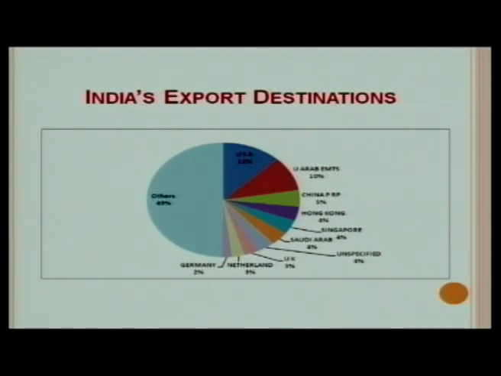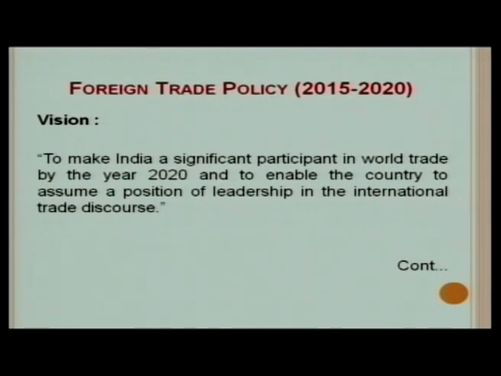export markets. And if we see the foreign trade policy 2015 to 2020, which is currently in operation, the vision of this foreign trade policy is to make India a significant participant in world trade by the year 2020 and to enable the country to assume a position of leadership in the international trade discourse.